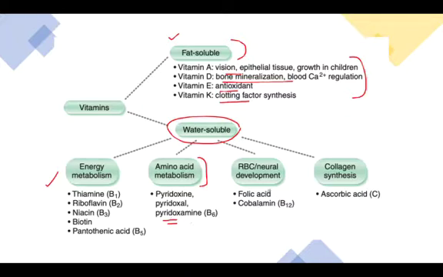Then we have water-soluble vitamins that are involved in RBC and neural development, where we will focus on folic acid and cobalamin or vitamin B12. And of course, we have ascorbic acid or vitamin C as one of the other classes of water-soluble vitamins, which is involved in collagen synthesis.